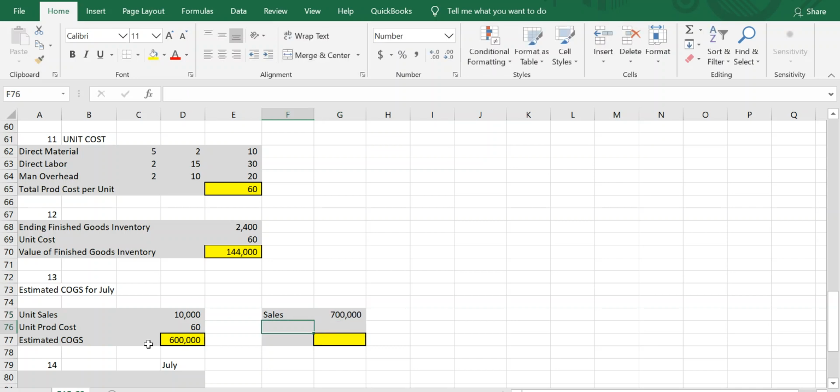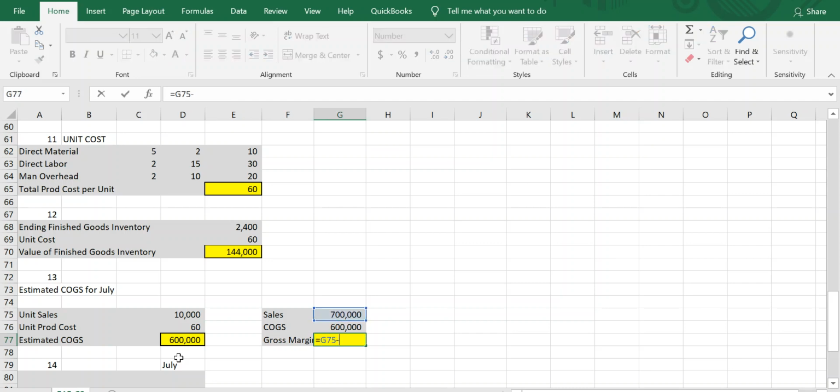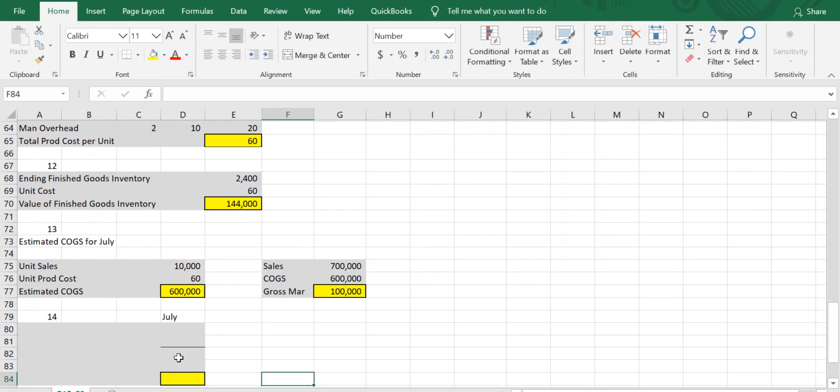And then we have our estimated cost of goods sold based on this question right here, 600,000, which means our gross margin is going to be 100,000. So we have a gross margin of $100,000, okay?